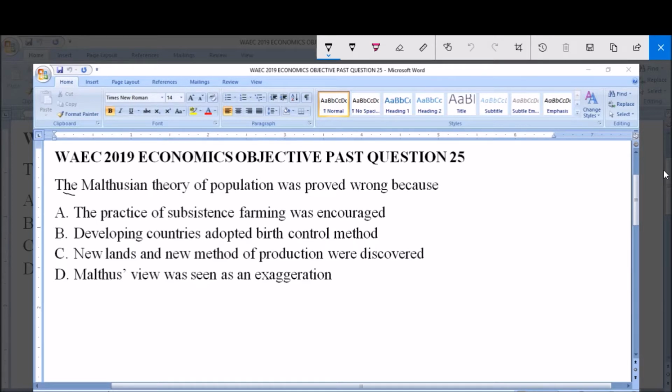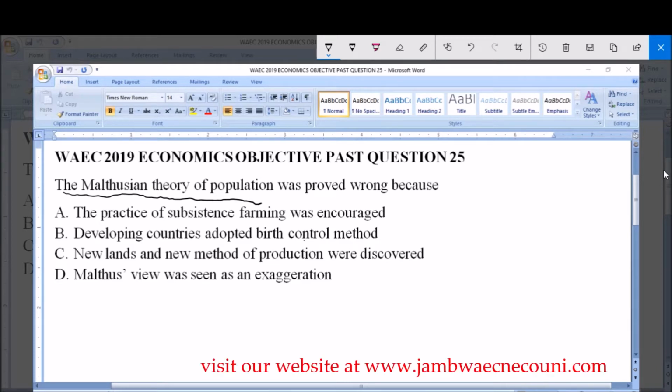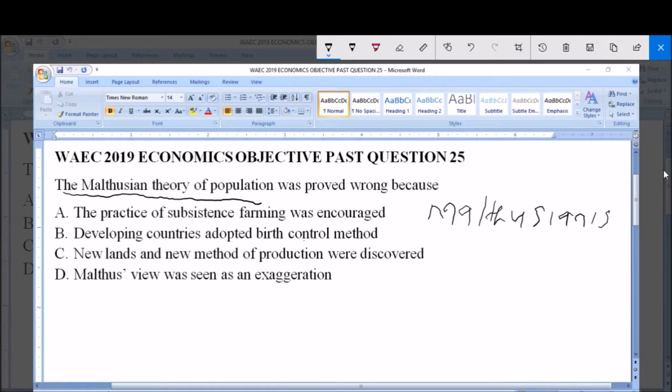So the concept we are looking at here is the Malthusian theory of population, also known as Malthusianism.